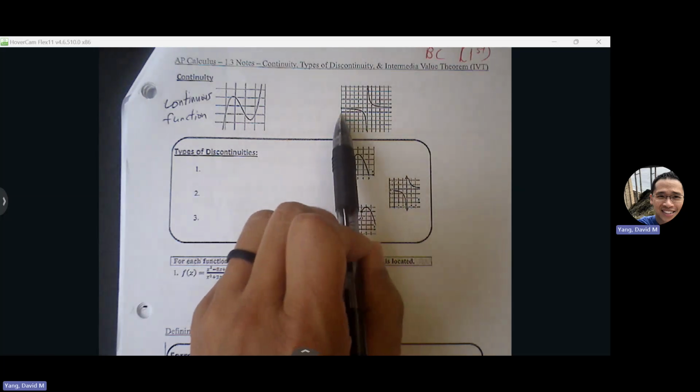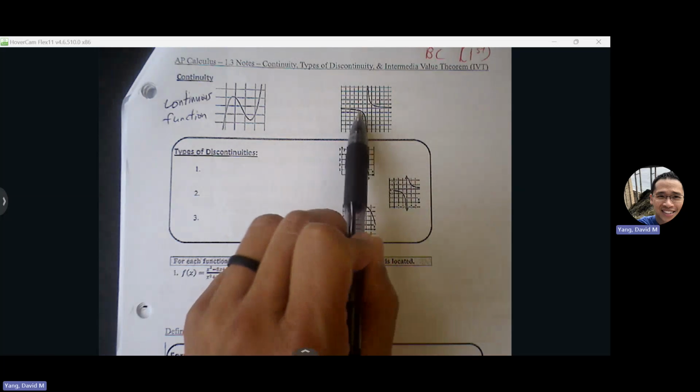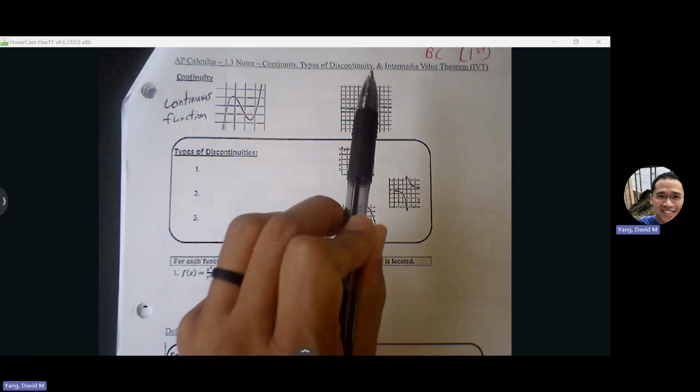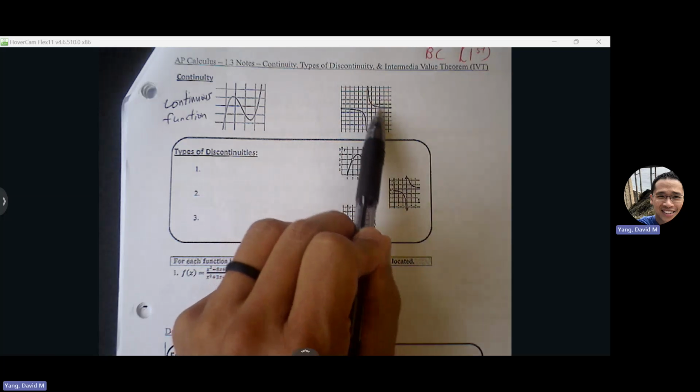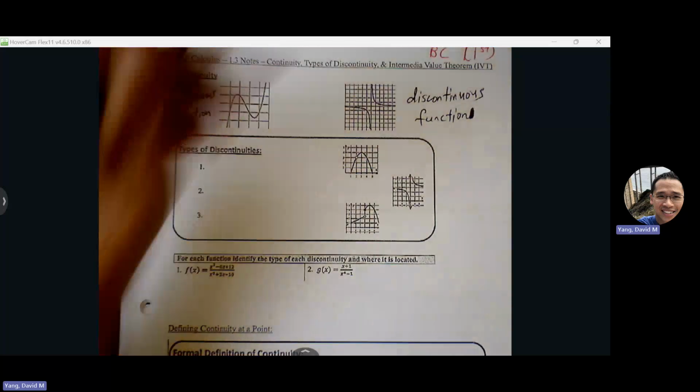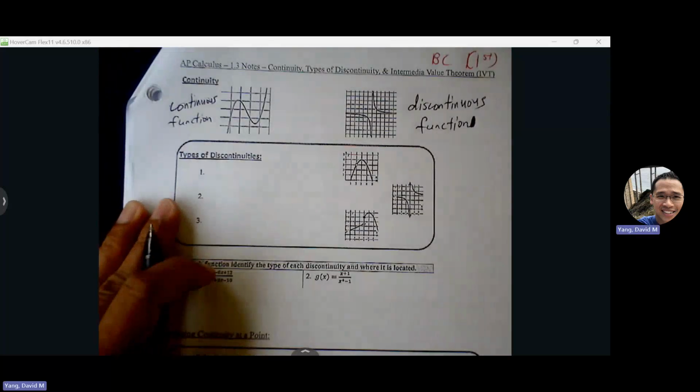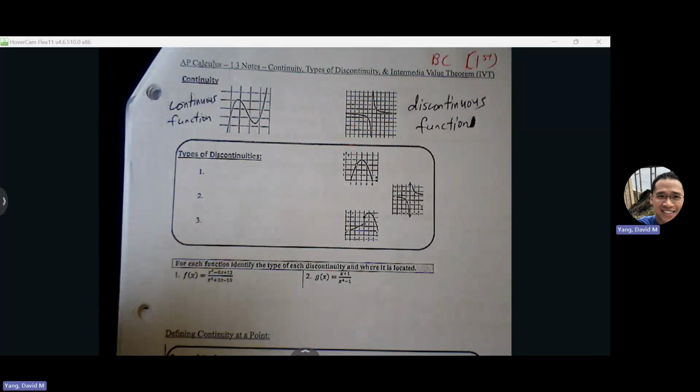If we were to sketch this graph, we would have to sketch the graph, lift up our pen or pencil, and then move to the next part of the graph. So this would be considered a discontinuous function, where there are holes or asymptotes or breaks in the graph that is causing the graph to not be able to be drawn with just one stroke.